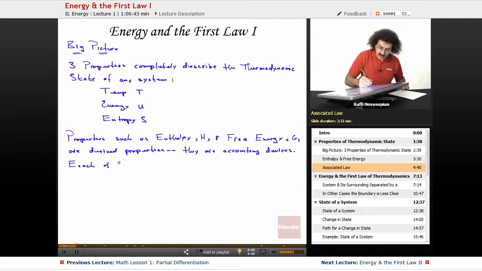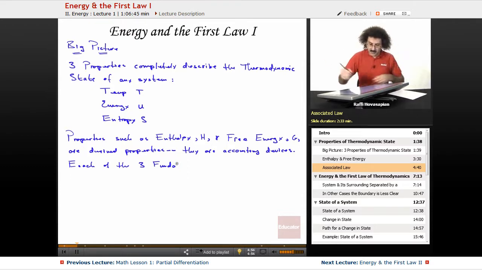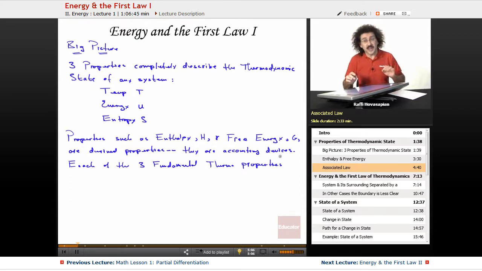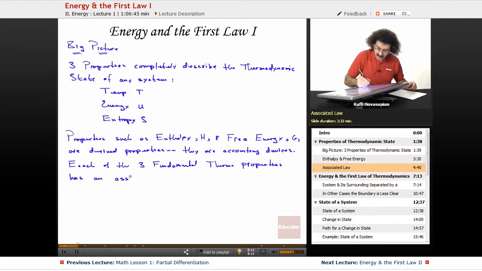Each of the three fundamental thermodynamic properties has an associated law. And again, this might be a bit of a surprise. You've heard of the first law of thermodynamics, the second law, the third law.